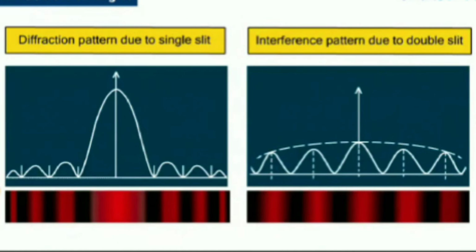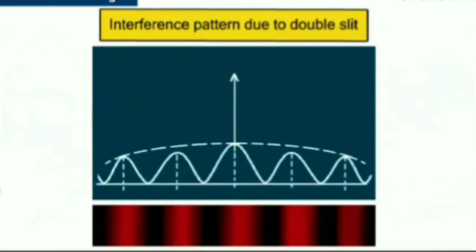Now, observe the intensities of the fringes formed in the single slit diffraction and the double slit interference experiments. When observed closely in the double slit interference experiment, we see a decrease in the intensity of the bright fringes as we move towards either side of the central maxima.